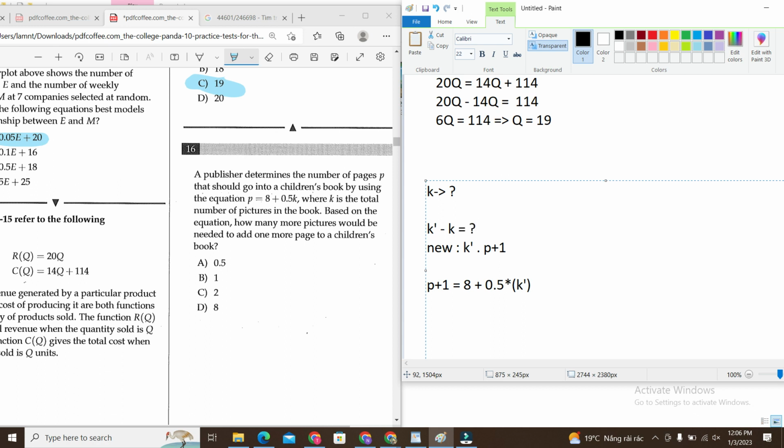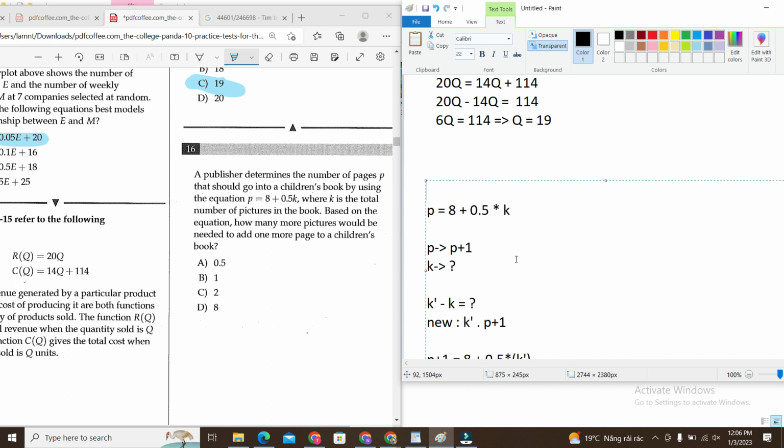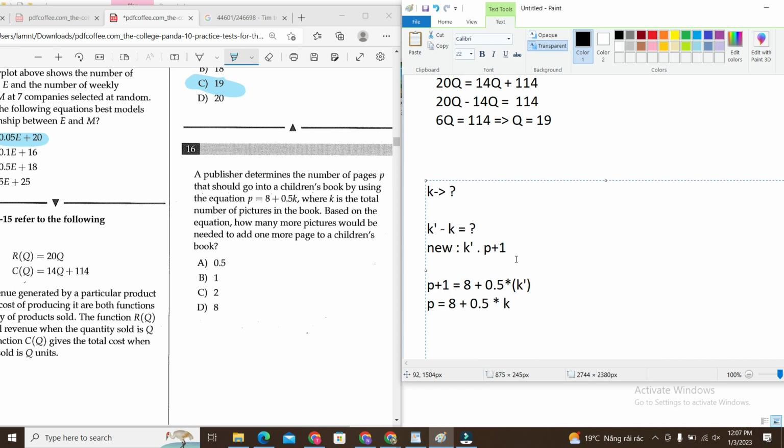Alright, so P plus 1 is equal to 8 plus 0.5K prime. But we know P is equal to 8 plus 0.5K, right? So you can subtract both sides.